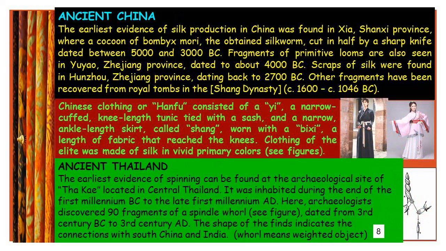Ancient China. The earliest evidence of silk production in China was found in Xia, Shanxi province, where a cocoon of Bombyx mori, the domesticated silkworm, was cut in half by a sharp knife, dated between 5000 and 3000 BC.